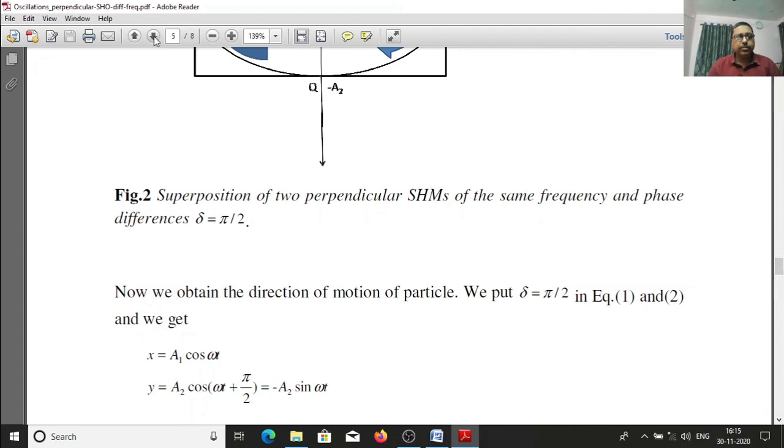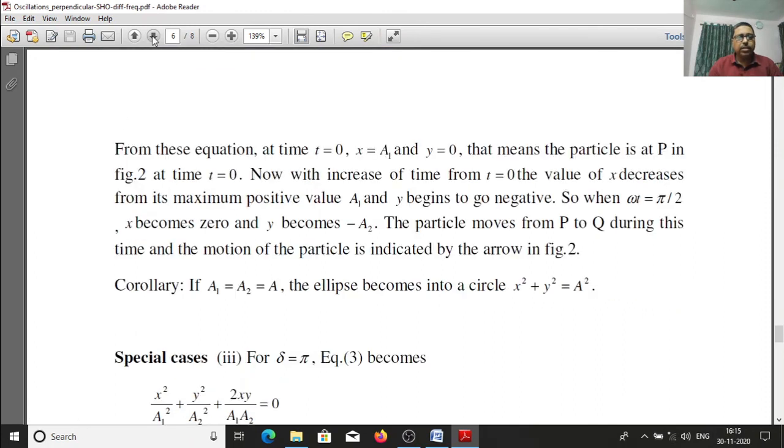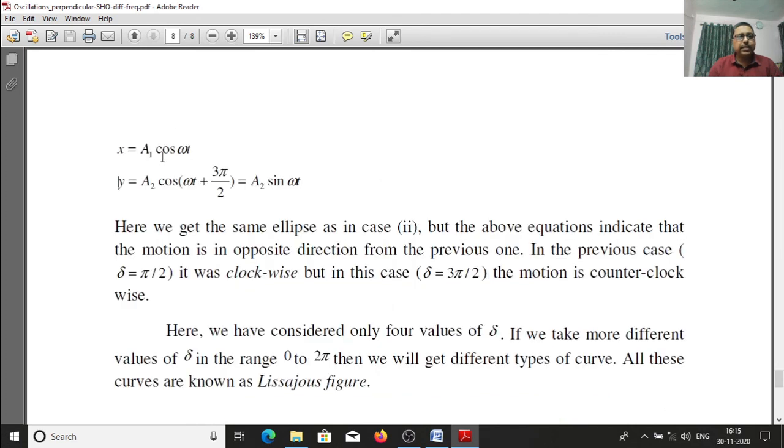But when delta equal to 3 pi by 2, x equal to a1 cos omega t and y, instead of minus, becomes a2 sin omega t. That means the above equation represents motion in the opposite direction from the previous one. In the previous case, delta equal to pi by 2, it was clockwise, but in this case, delta equal to 3 pi by 2, the motion is counterclockwise.